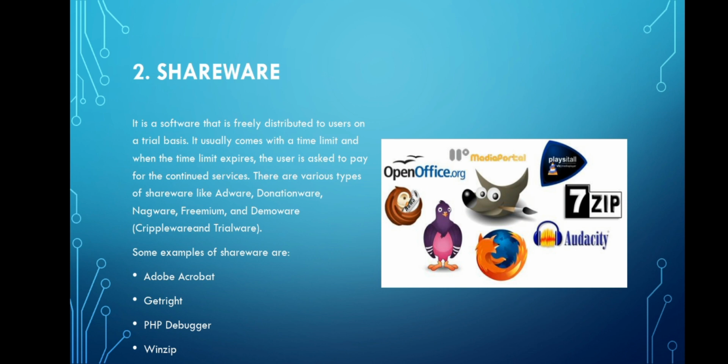There are various types of shareware like adware, donationware, nagware, freemium, and demoware. Some examples of shareware are Adobe Acrobat, GetRight, PHP Debugger, and WinZip.